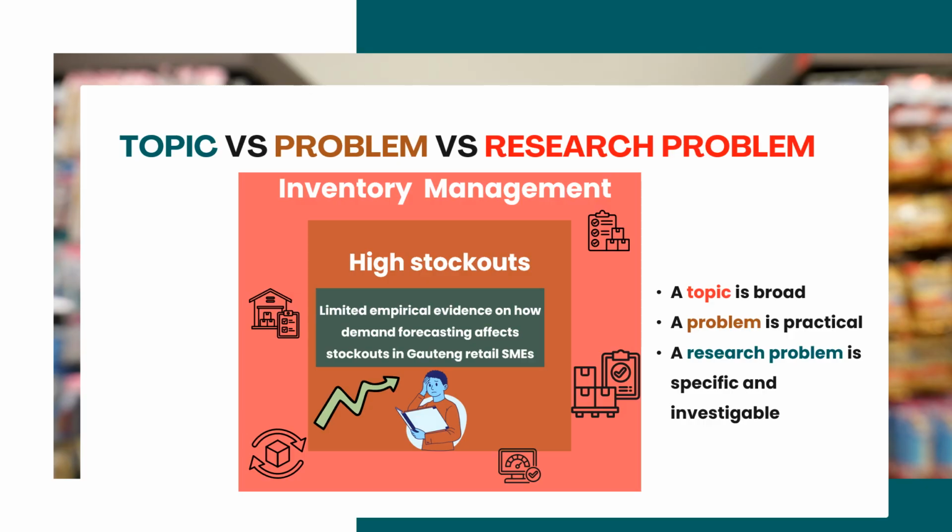This is what research is all about. We try to understand what is general so we can narrow it down into something particular, which is the research problem. So whenever you want to draw your research problem, start by looking at the topic first, then identify the problem, then narrow down to the research problem.